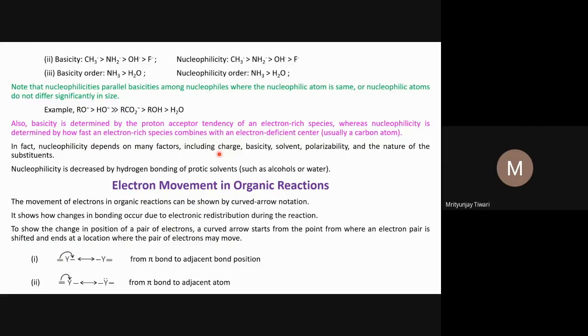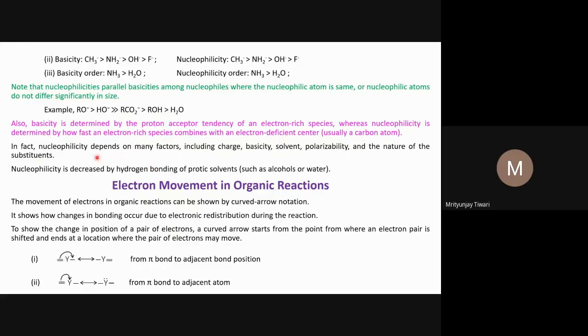So these are the three electron rich centers we see in organic chemistry mostly. Then basicity, we have already seen, follows a certain trend, and nucleophilicity follows the same trend for many nucleophiles. Then polarizability, the example we have already seen, and the nature of the substituent and also the solvent.